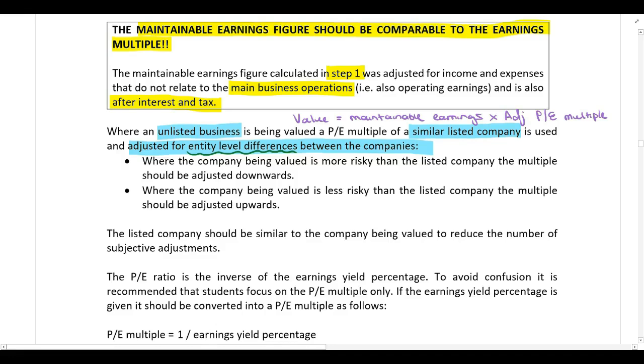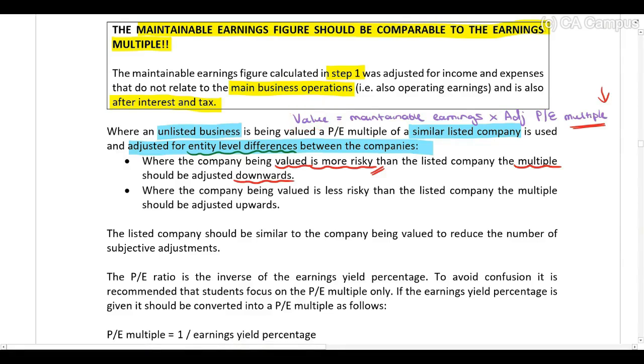So if the company that we are valuing is more risky, then the multiple should be adjusted downwards. So if the company is more risky, the value of the company should then be lower. So it makes sense that the multiple must be adjusted downwards, because if we adjust the multiple downwards, the value will then decrease.